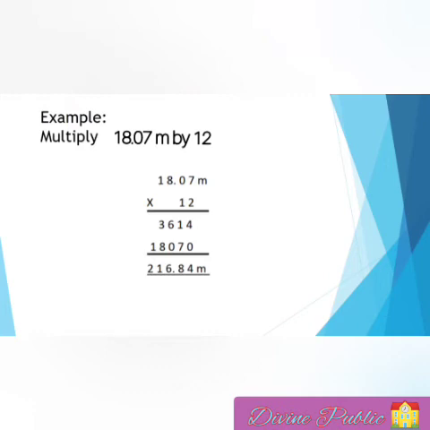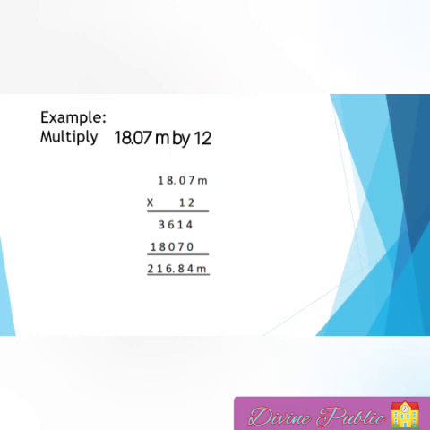Now firstly we will multiply by the ones, that is the 2. After multiplication we will get 3614, and after that we will multiply the tens place, that is 1. When we multiply by the tens, we will get 18,070. When we add both numbers, we will get 21,684.